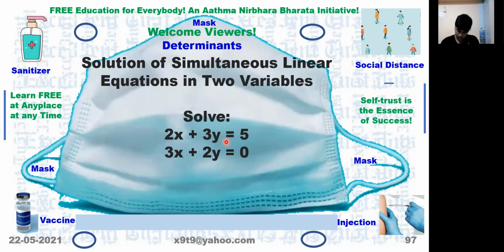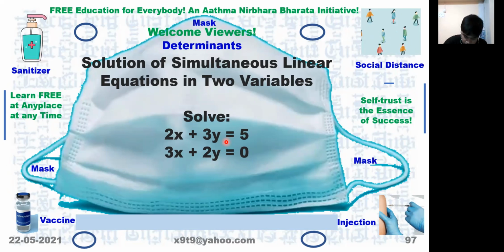First we have to find delta. Let delta is equal to, first column 2 and 3, second column 3 and 2, enclosed between two vertical lines. So delta is equal to 2 into 2 minus 3 into 3.